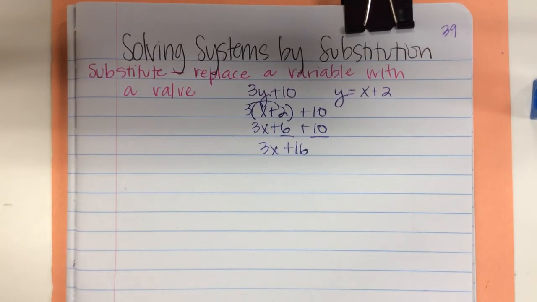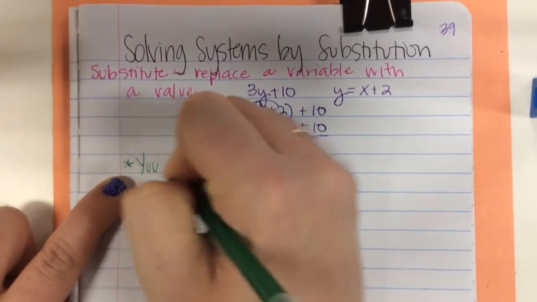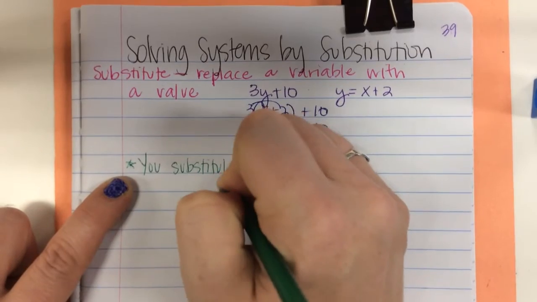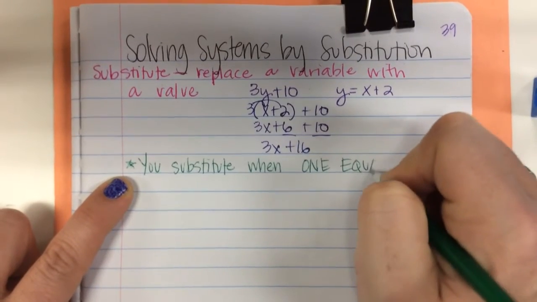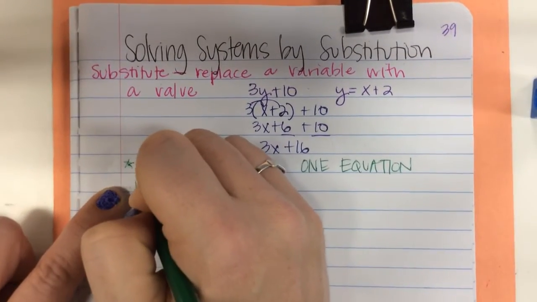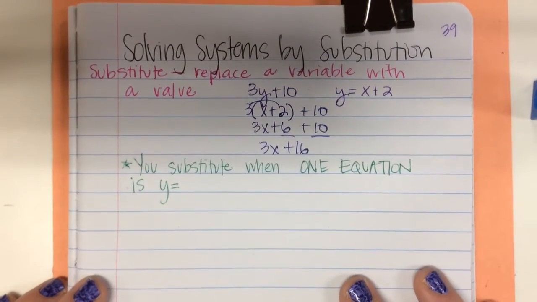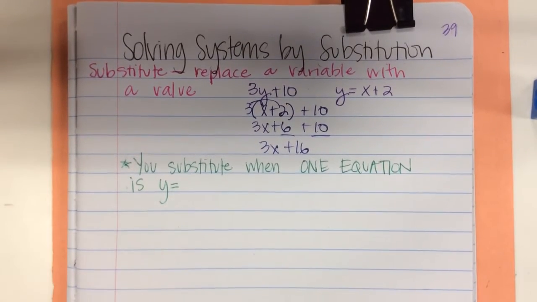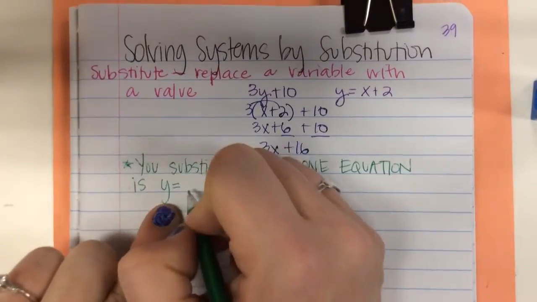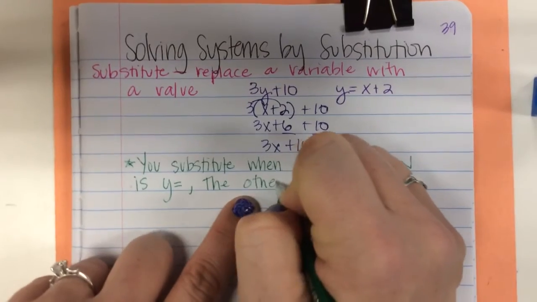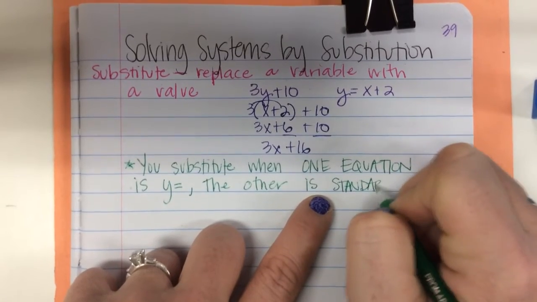The key, the trick, you substitute when one equation is y equals. You use this trick. We're not going to graph today because only one equation is y equals. The other is typically in standard form.